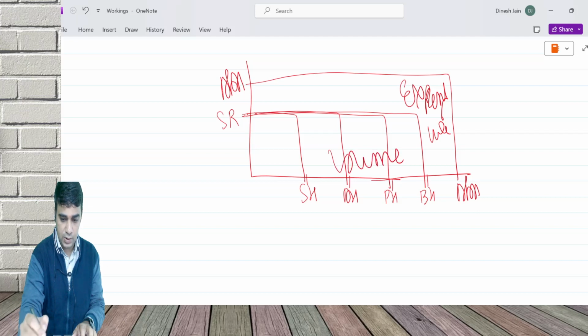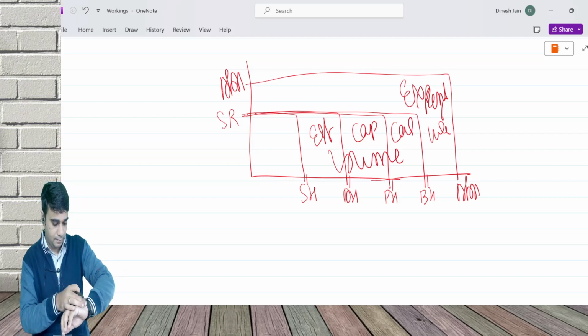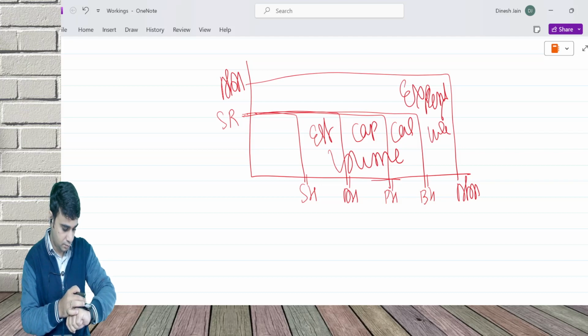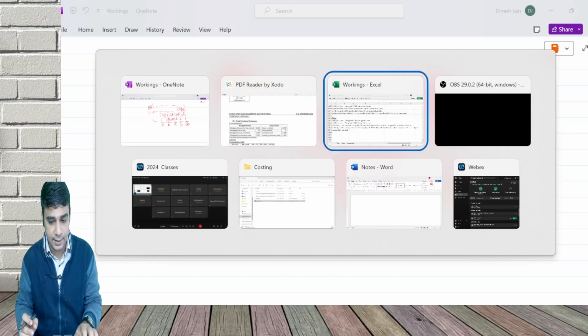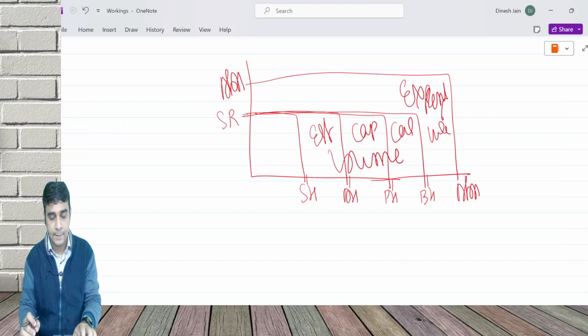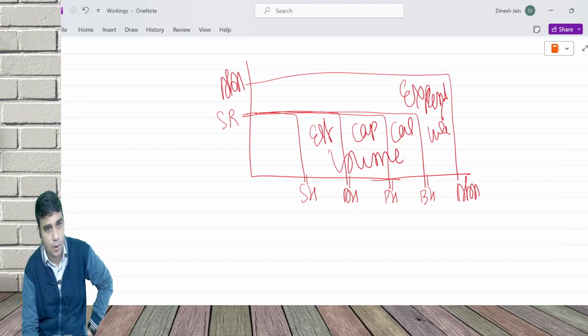Three put together is volume variance: efficiency, capacity, and calendar.